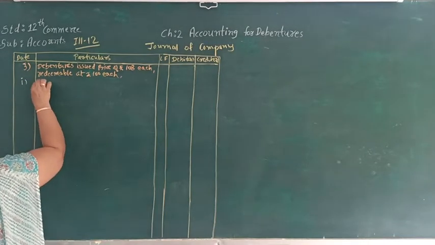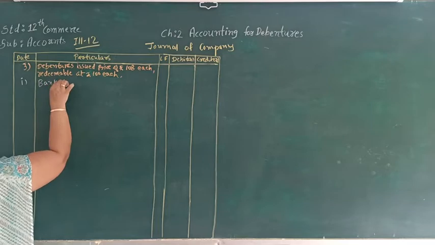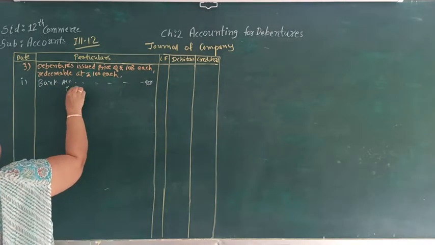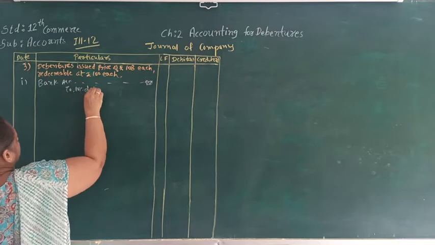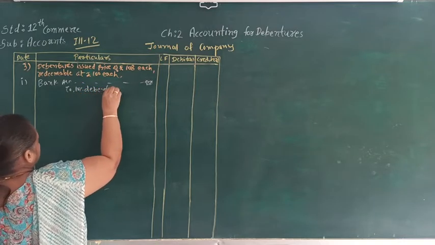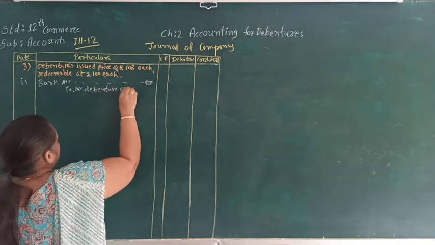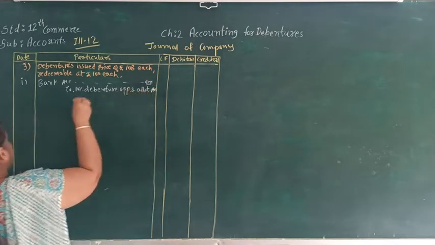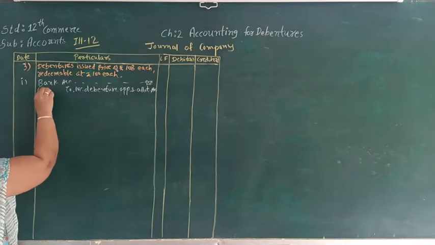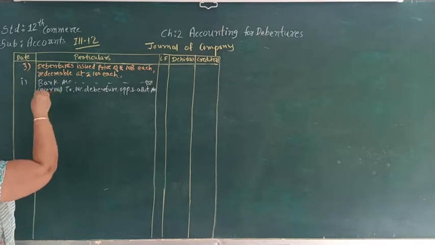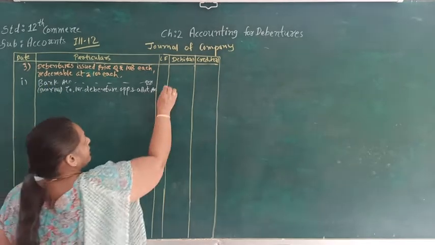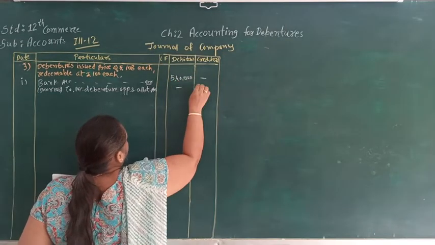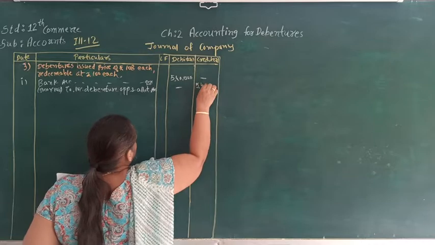Bank account debit to 10% debenture application and allotment account. Here we are receiving money on 5,000 debentures at rupees 108, so the total amount will be 5,40,000.